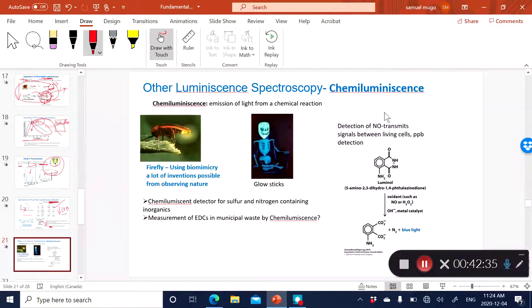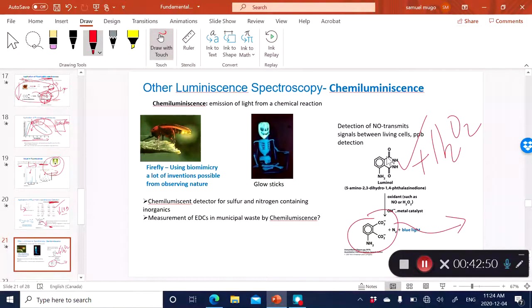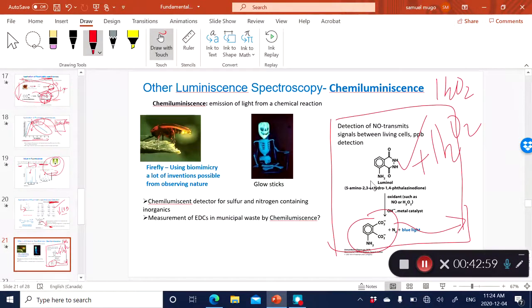So you take luminol. If you add an oxidant such as hydrogen peroxide, you form a complex at an excited state that releases light. Chemiluminescence has been used a lot for detection of things like hydrogen peroxide. It's very simple. Take luminol, add hydrogen peroxide, it gives off light.